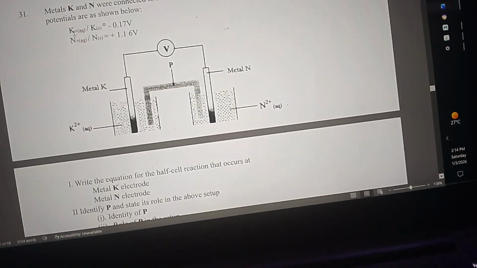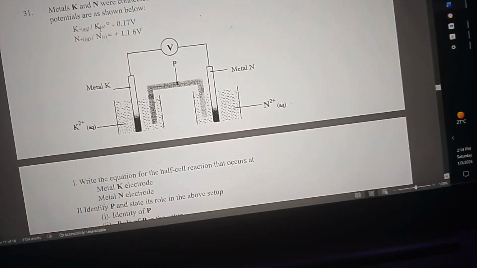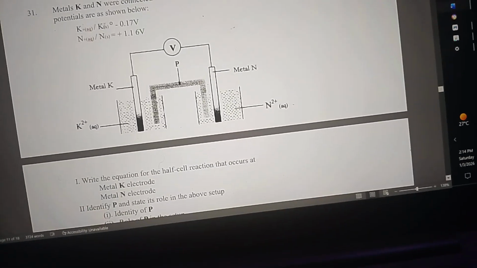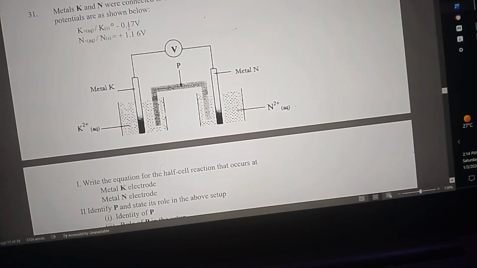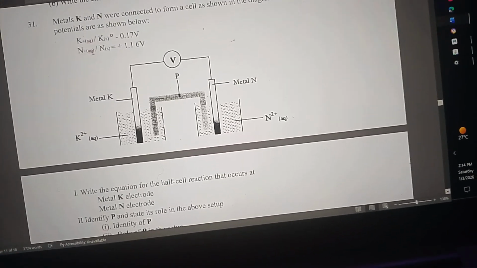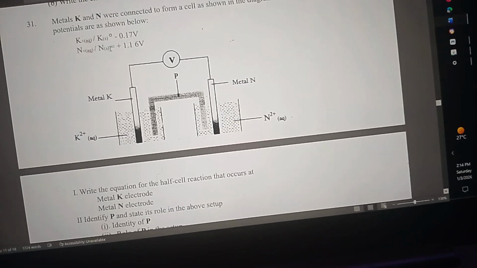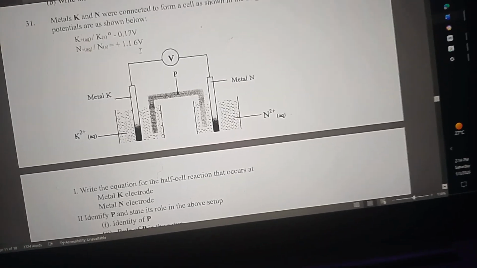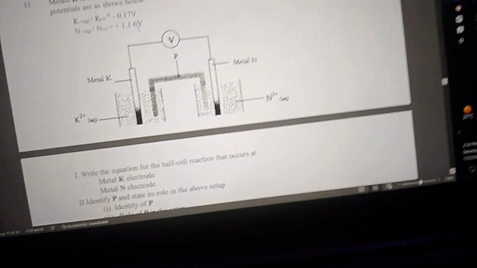So we are being told that the reduction potential in converting the K ions to K is negative 0.17 volts, and when you want to convert N positive ions to N solid, you will require a voltage of plus 1.1 volts there.